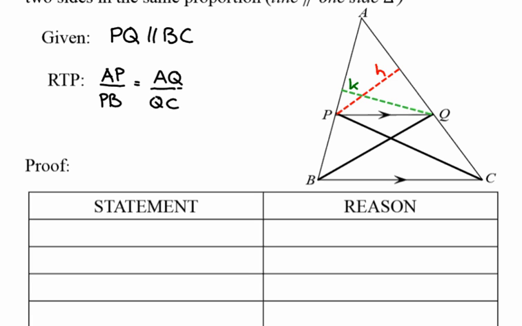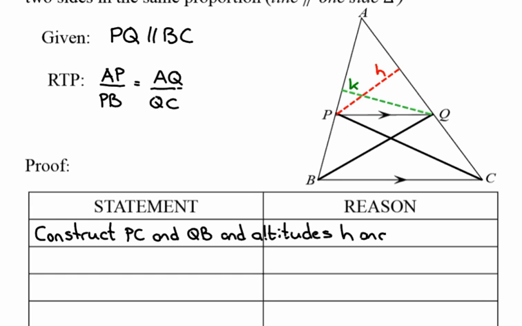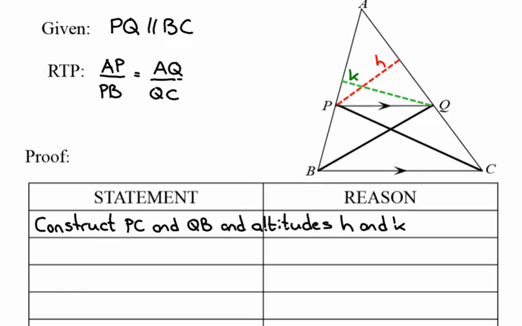Now, when I've done a construction, I do need to write what I've constructed. So to start off, I'm going to say construct PC and QB and altitudes H and K. And I'm going to look at the area of various triangles.